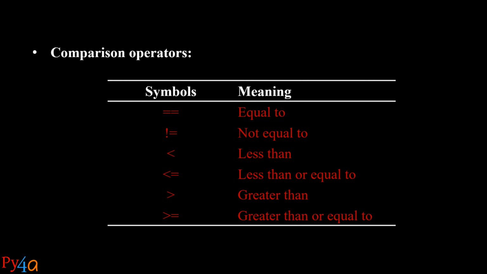You can see here, equal to in Python is denoted by double equal sign, and not equal to in Python is denoted by an exclamation mark followed by an equal sign, and also your less than or equal to, greater than or equal to.